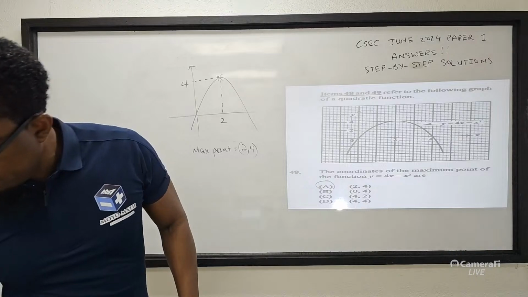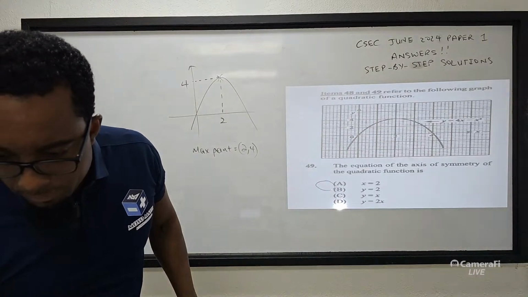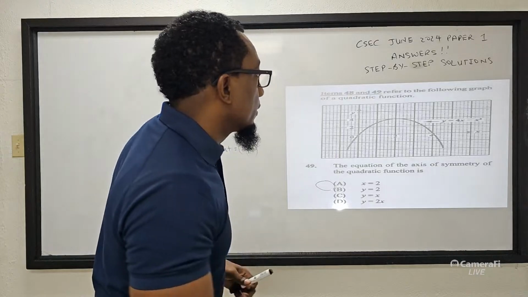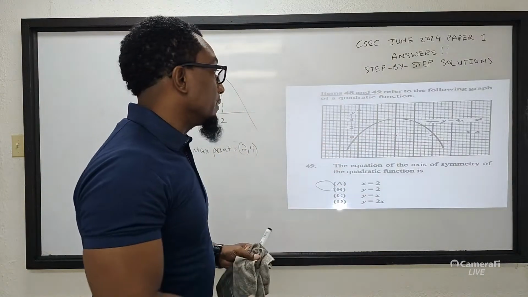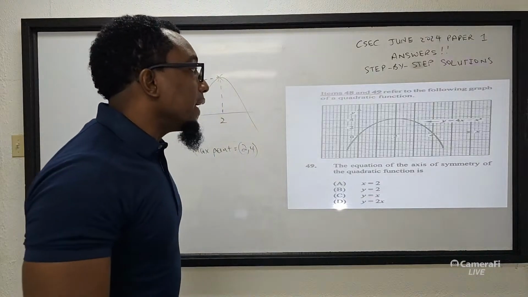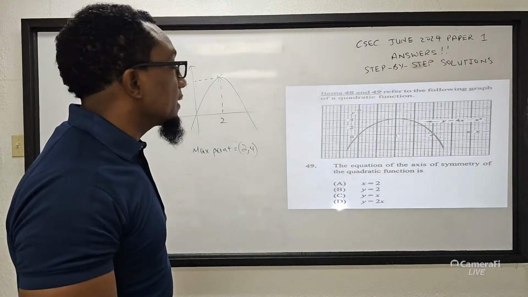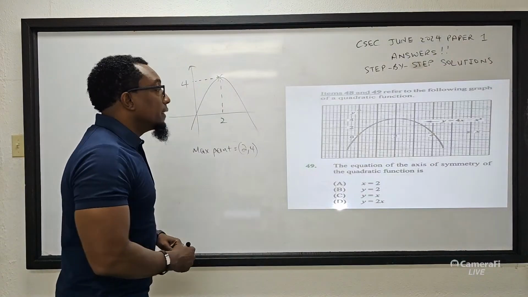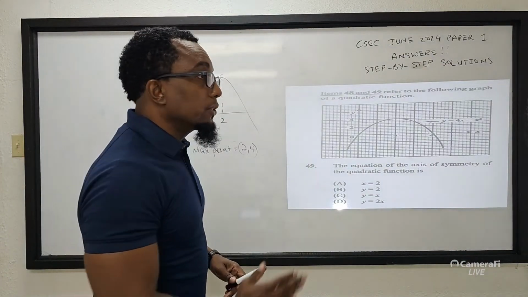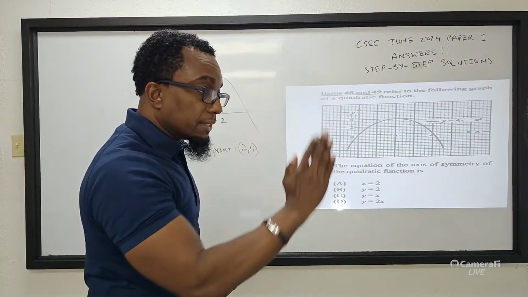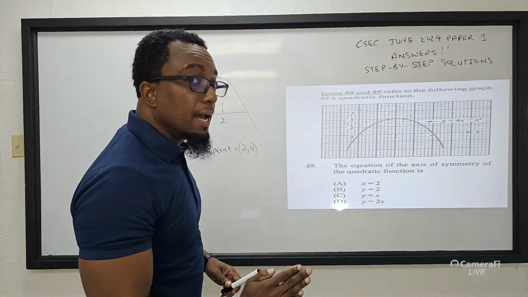Let's look at 49. Also in relation to that parabola, that quadratic function, it says here the equation of axis of symmetry of the quadratic function is. What is the equation of axis of symmetry? When we talk about axis of symmetry, we are talking about a line that will cut that quadratic curve in half.